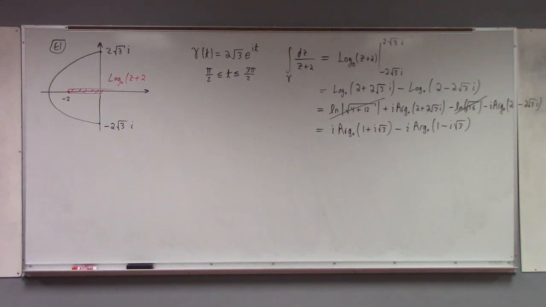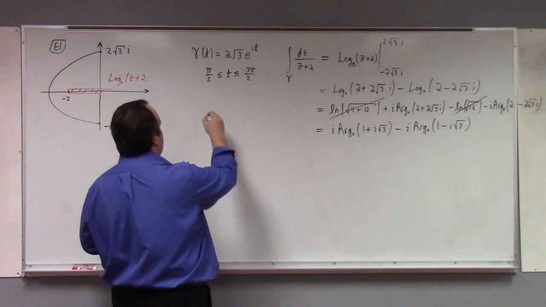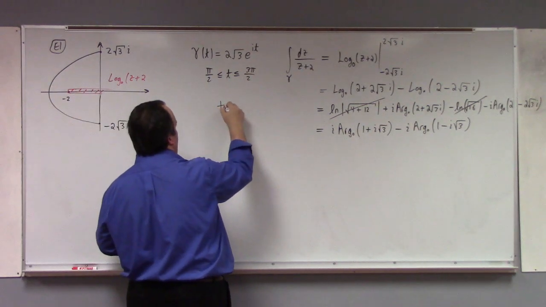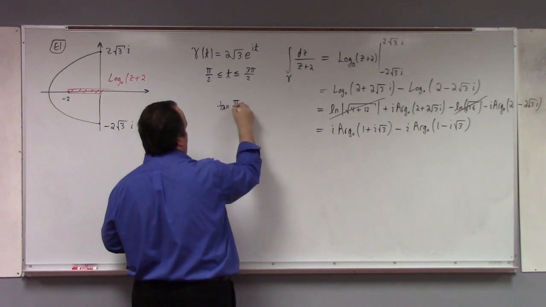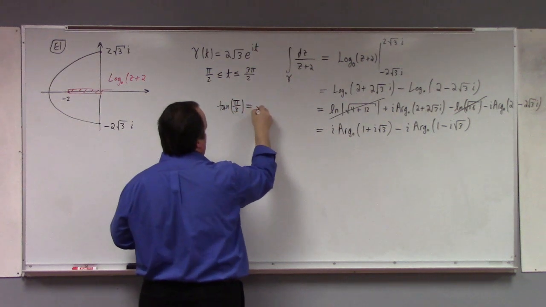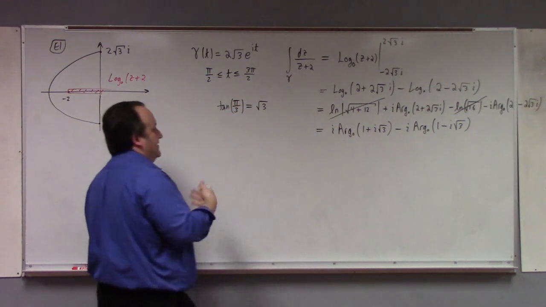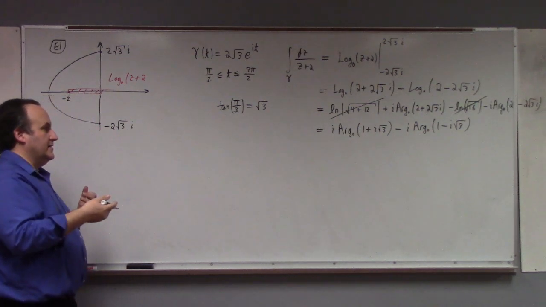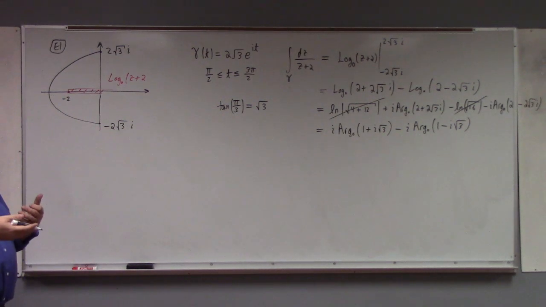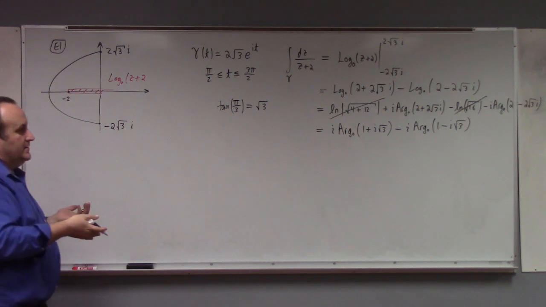And so notice that the tangent of pi over 3 is equal to the square root of 3, because tangent of pi over 3 is sine of pi over 3 divided by cosine of pi over 3, which is root 3 over 2 divided by 1/2, which is root 3.